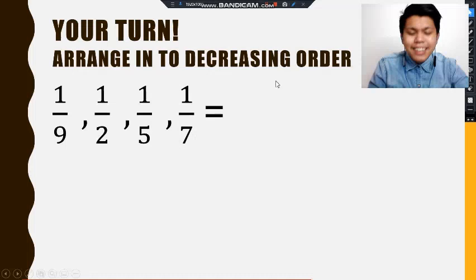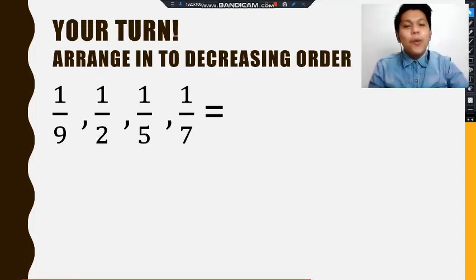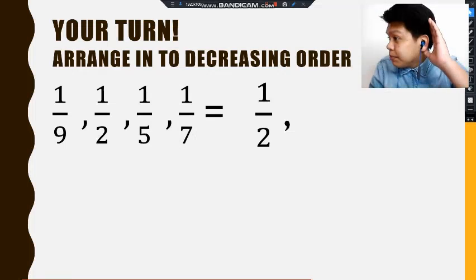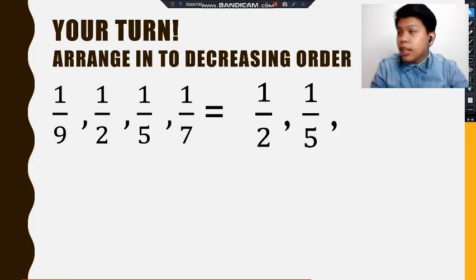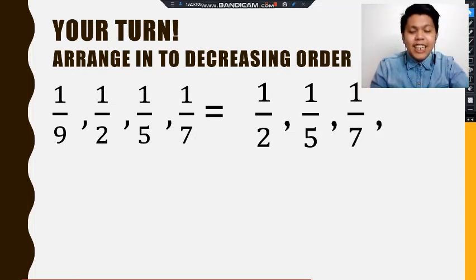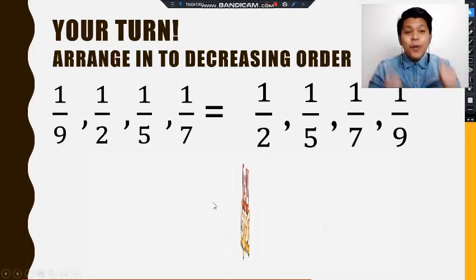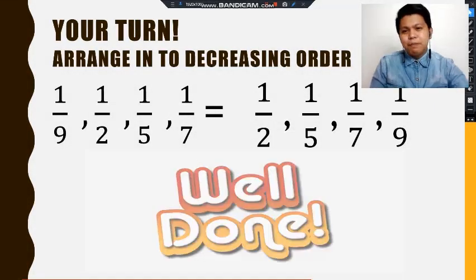Time's up. Let's check your answers. First one is 1/2. Good job. Next, 1/5. What's the next one? 1/7. And of course, 1/9. Okay, well done. Now you know how to arrange into decreasing order.